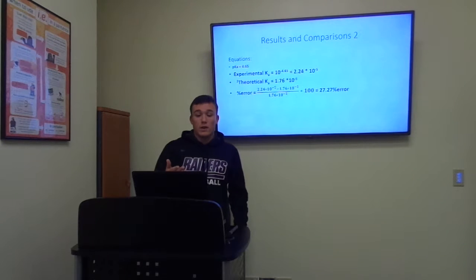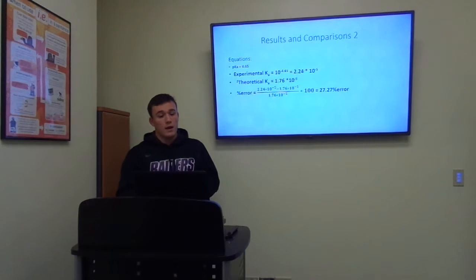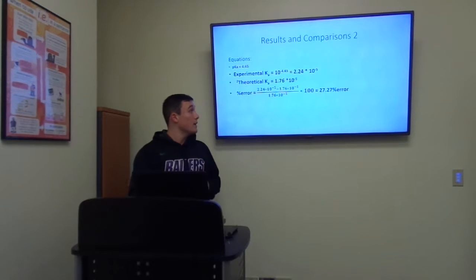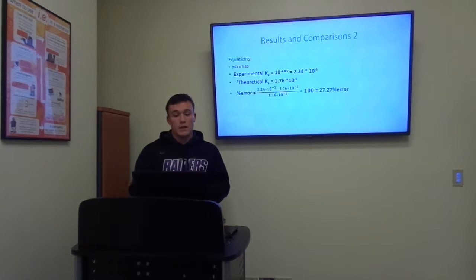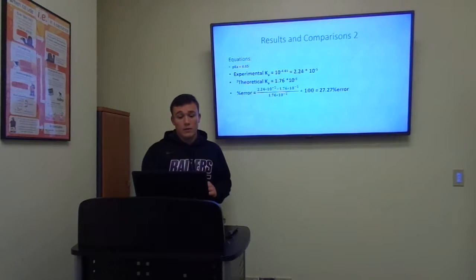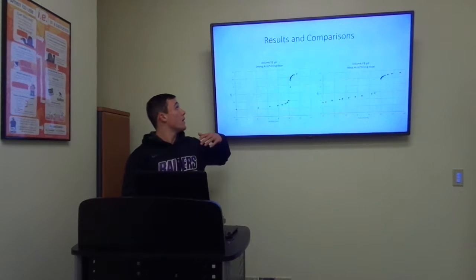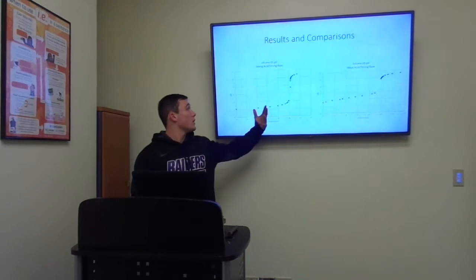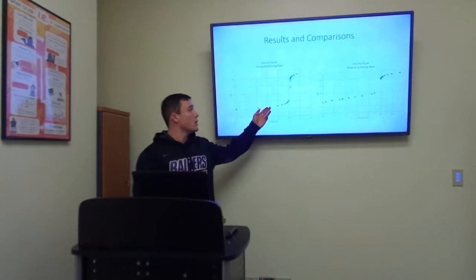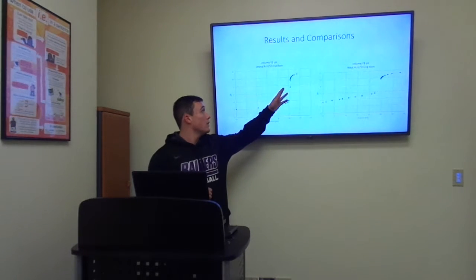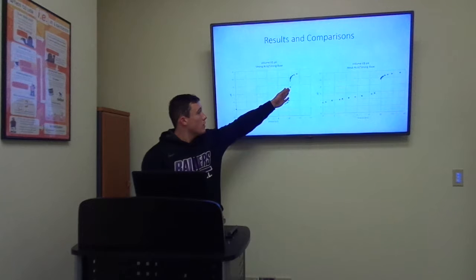And now our equations. To find pKa, what we needed to do was take the inflection point of our graph. That is where the concavity changes, or where it changes from going up to going down. So it's about right in the middle.